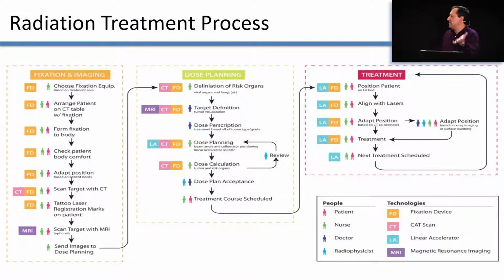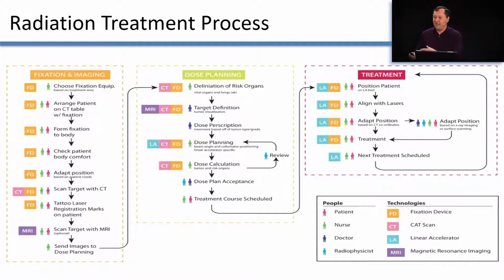This is the process that people go through for radiation therapy, and I know you cannot read this, but it has basically three major stages. In the first stage, you find out where the tumor is in the body, and then you figure out where in the person's physique that tumor exists.